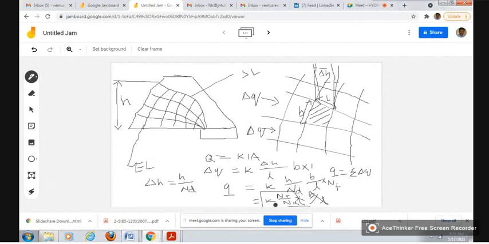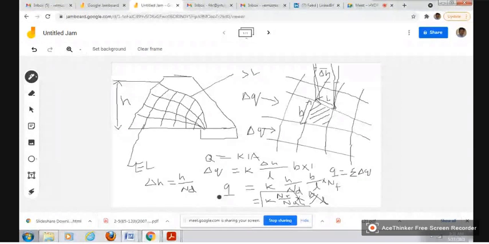If it is anisotropic soil, K is different: Kx is not equal to Ky is not equal to Kz. So for anisotropic soil, this equation can be modified. We have to take the average coefficient of permeability.